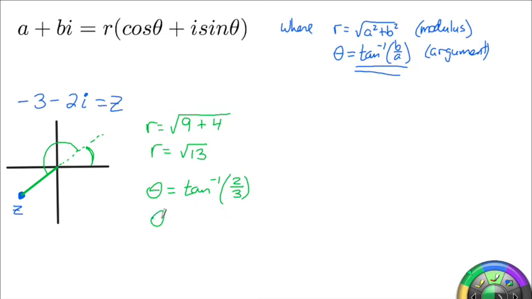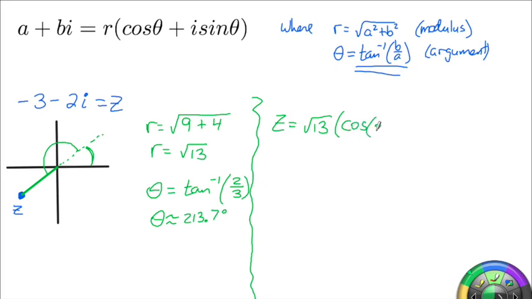So I'm going to use theta to be approximately 213.7 degrees. All right, so the polar form of this complex number would be z is equal to the modulus times cosine of 213.7 degrees plus i sine of 213.7 degrees.